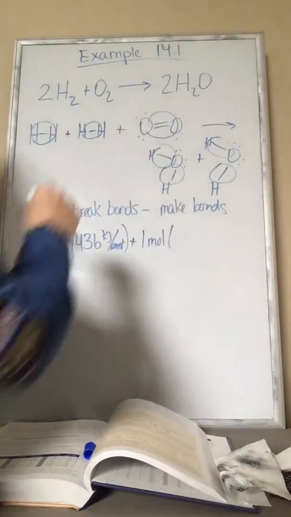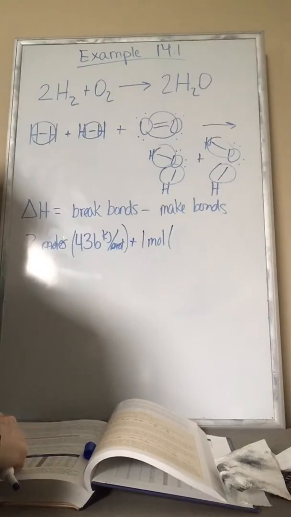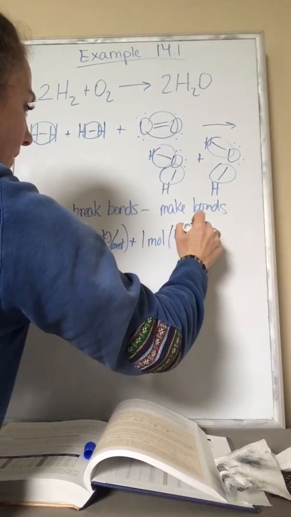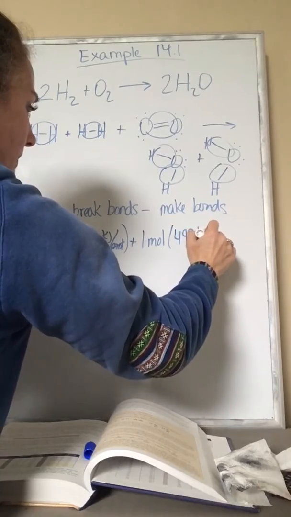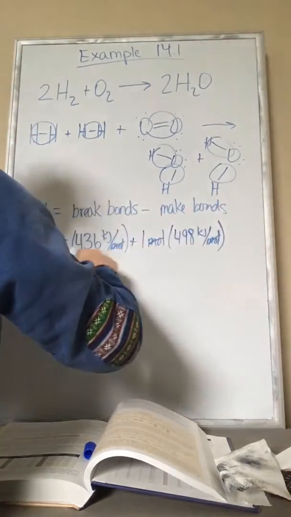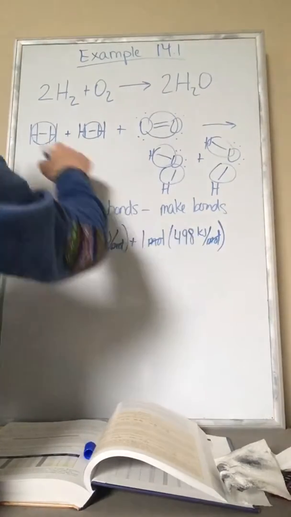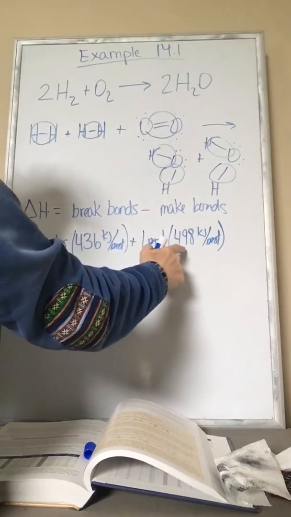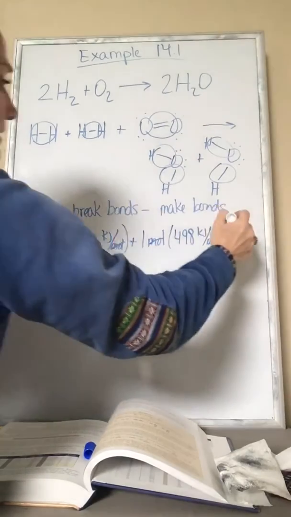Breaking the OO double bond is 498 kilojoules per mole. The moles, again, cancel out, and we're left with kilojoules. This is all of our breaking bonds. We took care of the 2 hydrogen bonds, and we took care of the double bond in oxygen.